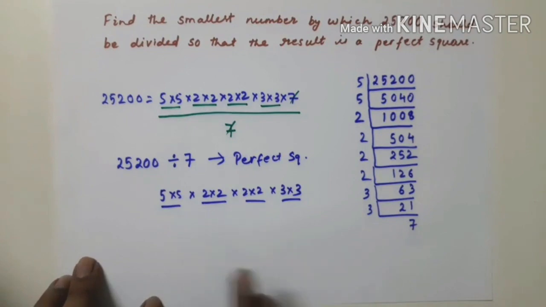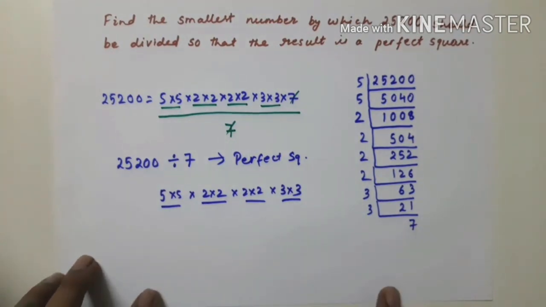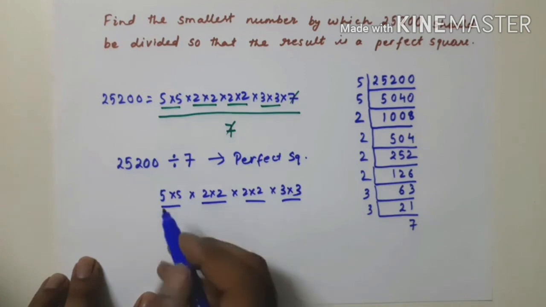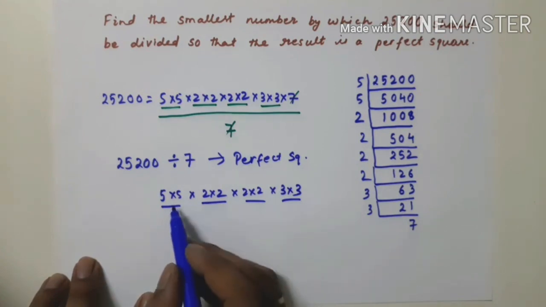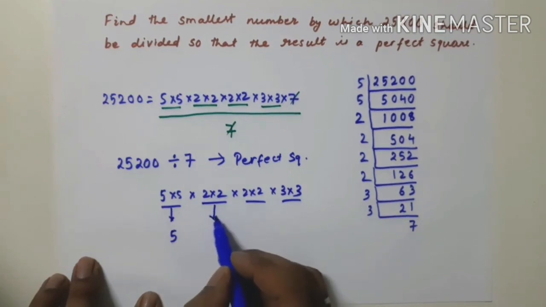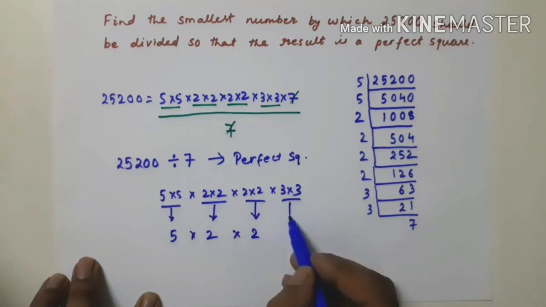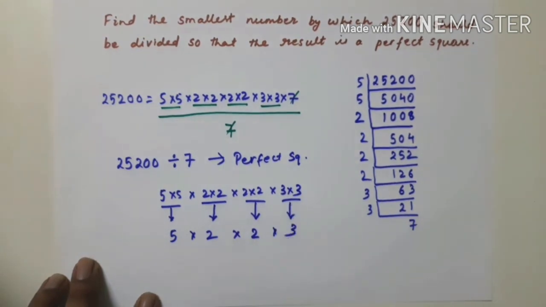Now to know whose square this number is, how to know? We can see here from 5 into 5 we will take out one 5, from this we will take out a 2, from this we will take out a 2 and from this we will take out a 3. So what we get here, 5 2s are 10, 10 2s are 20, 20 3s is 60.